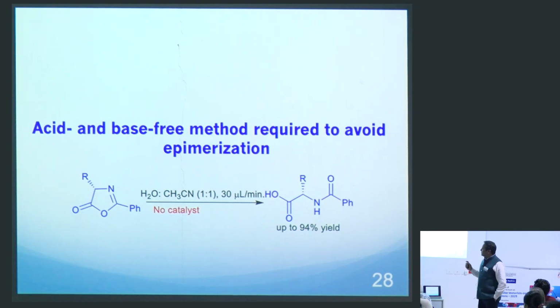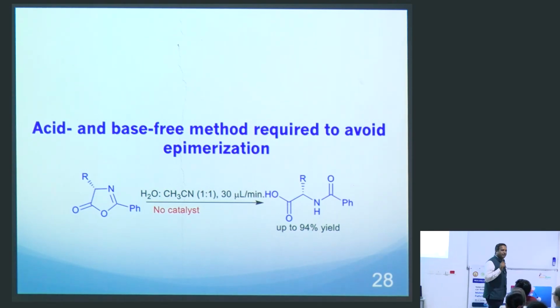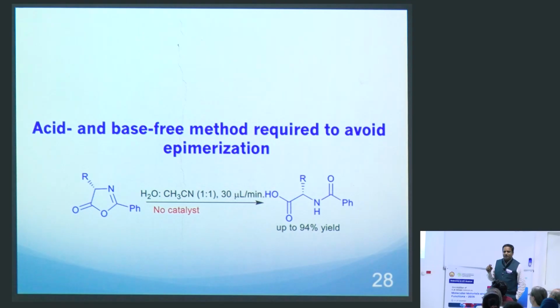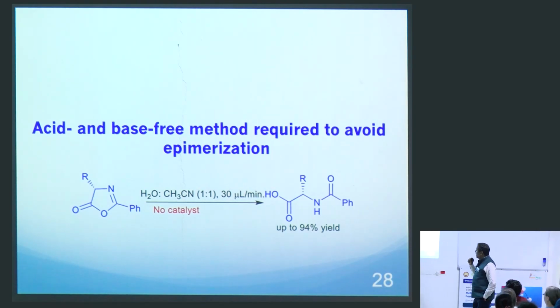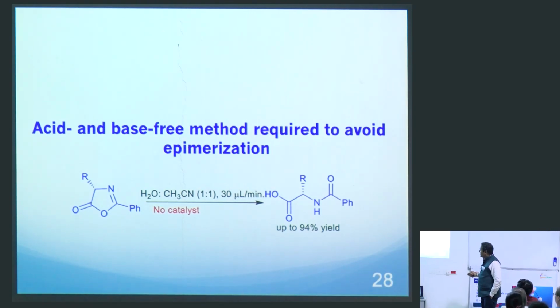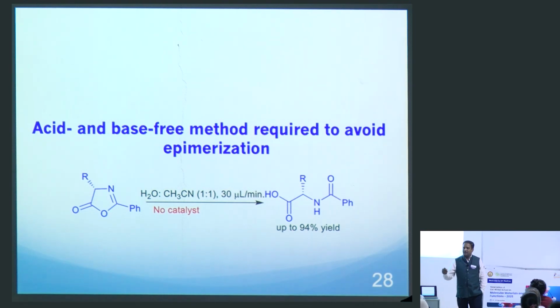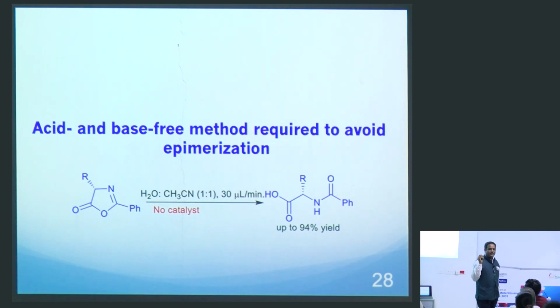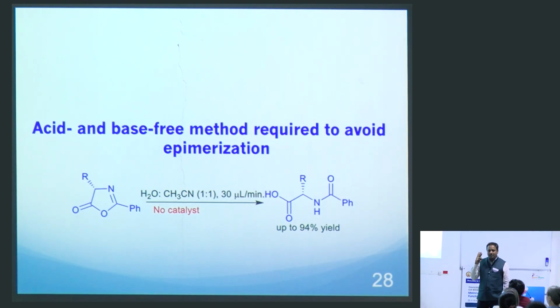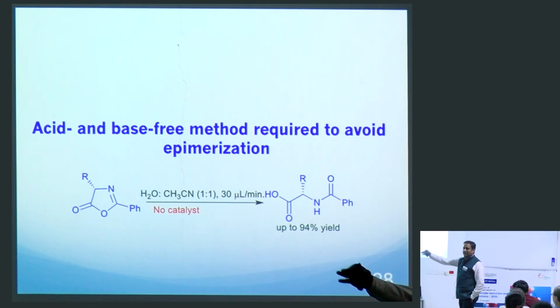Okay, here I have shown how, by using microdroplets, one can make epimerization-free or racemization-free optically pure forms of amino acids. Normally when you want to make peptides or proteins, we have to protect the amino acid. If not protected, it unnecessarily makes other chains.